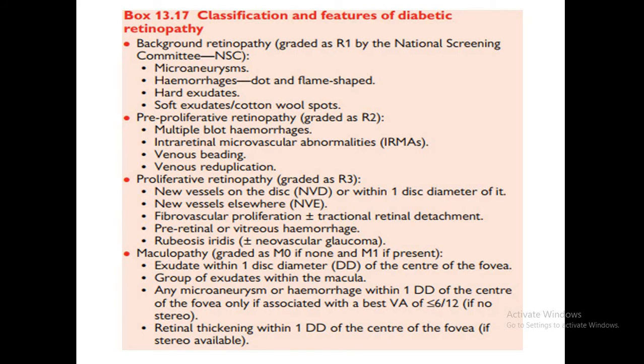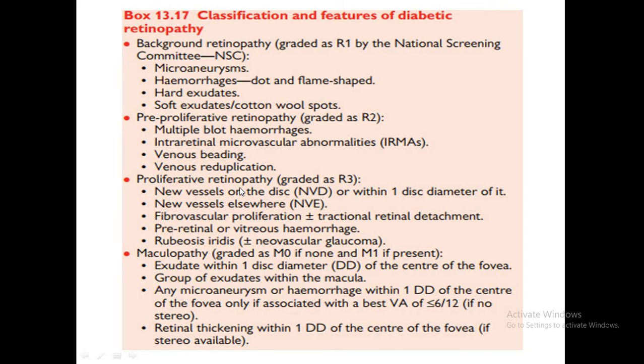This is the classification and features of diabetic retinopathy. Background retinopathy, also called R1, is characterized by microaneurysms, hemorrhages, hard exudates, and soft exudates or cotton wool spots. In the pre-proliferative stage or R2, there are multiple blot hemorrhages, edemas, venous bleeding, and venous duplication.